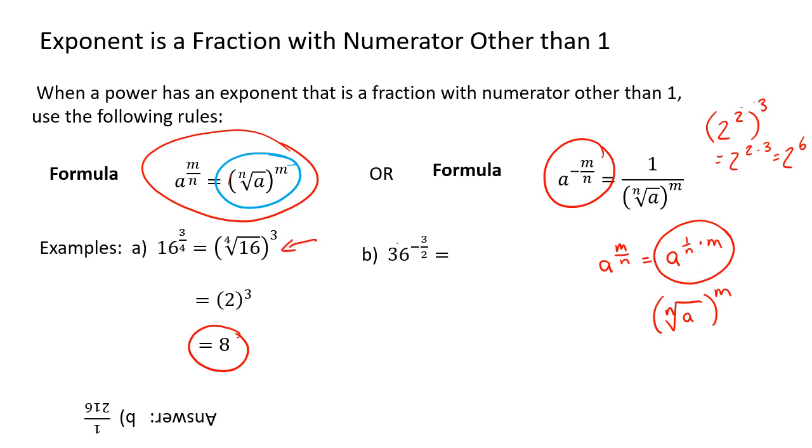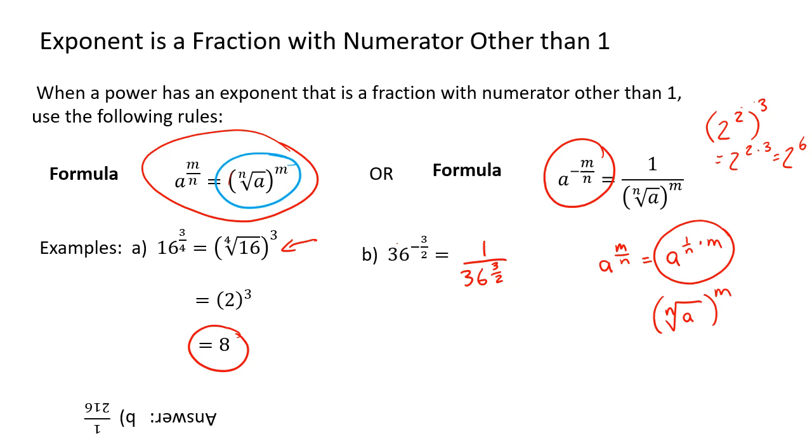In example B, there's only one extra step. This is a negative exponent, and we want it as a positive exponent. So that just means it's 1 divided by everything that's written there, 36 to the exponent positive 3 over 2. Again, we just changed the sign of the exponent.